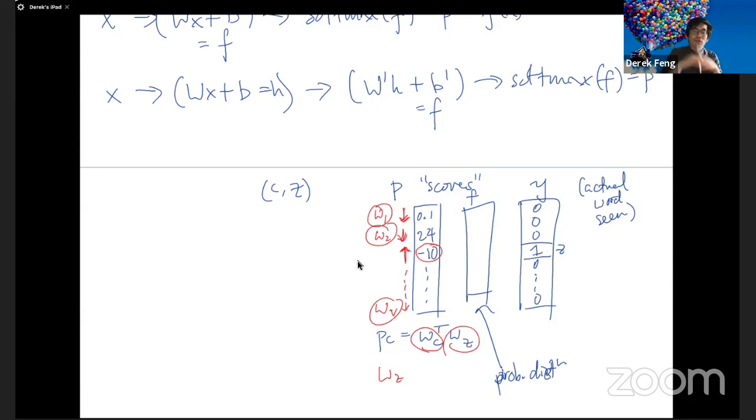I'm just going to randomly sample K of them and decrease their score. That way I only have to change K word embeddings every single time I run an SGD step. Does that make sense?